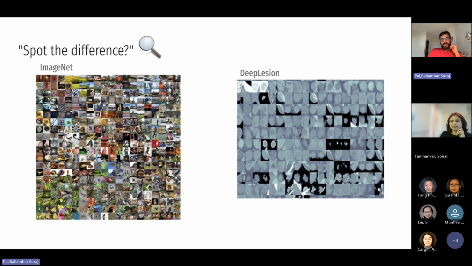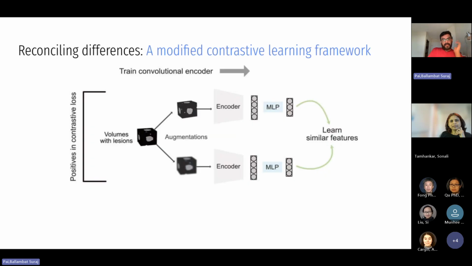But when you look at DeepLesion here, it's all very similar from the perspective of human vision. This also compounds with the fact that if you're looking at very specific instances and not class groups, this doesn't really bode very well for using the contrastive learning method directly over here.